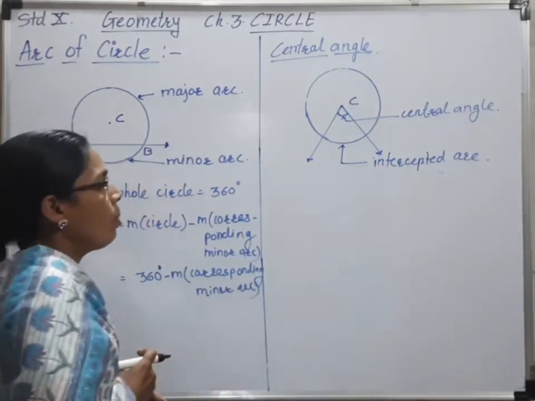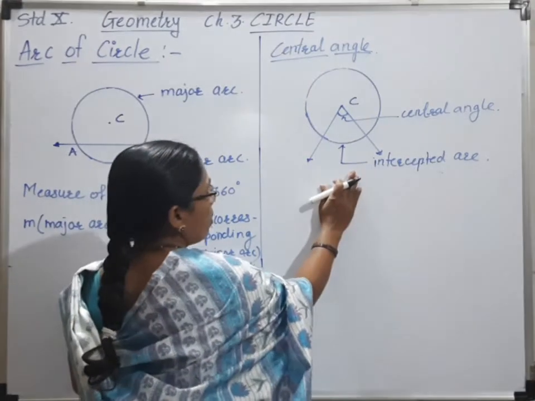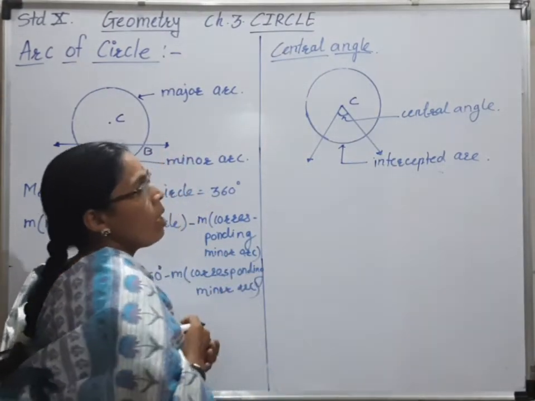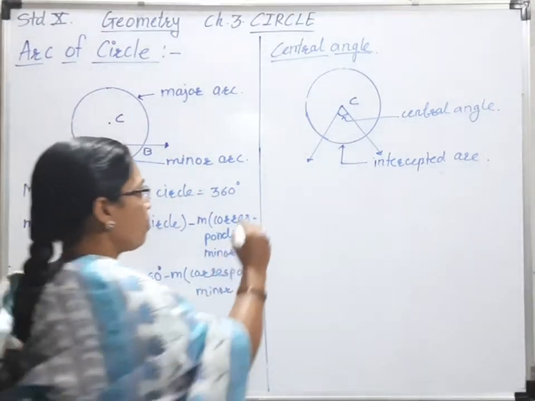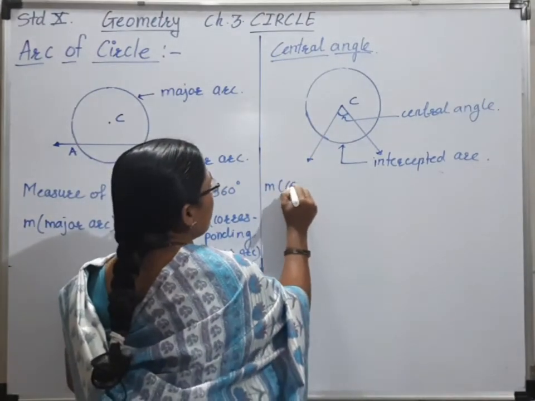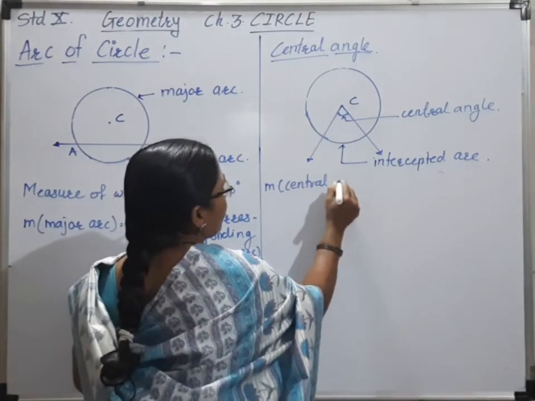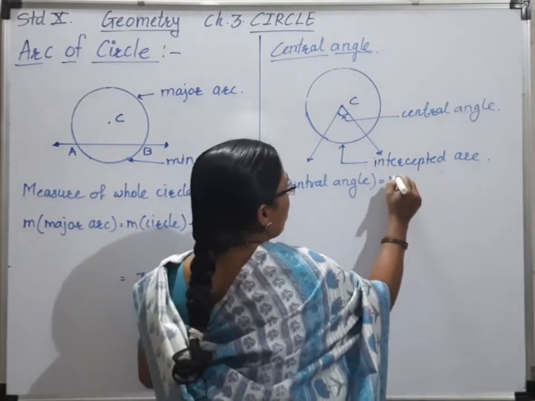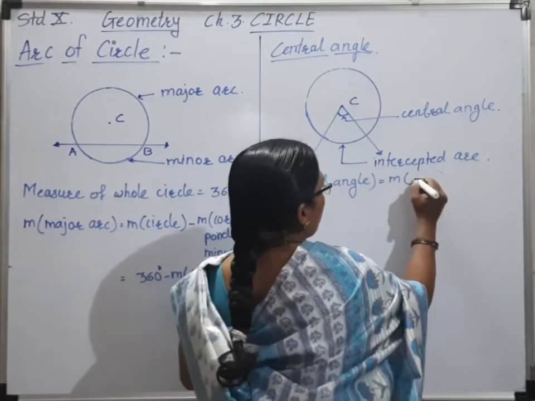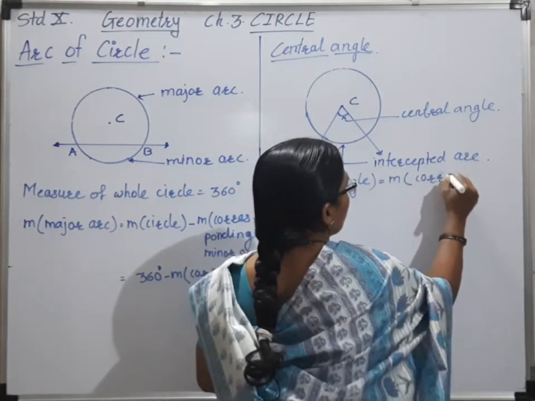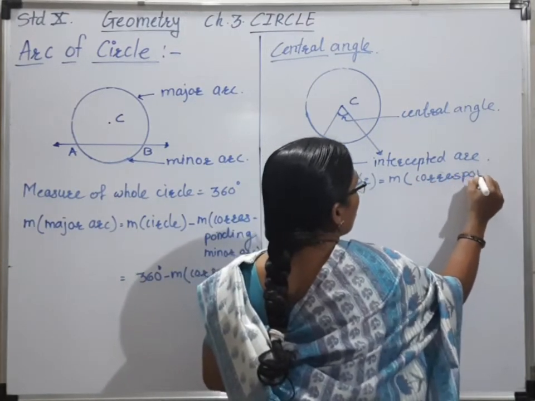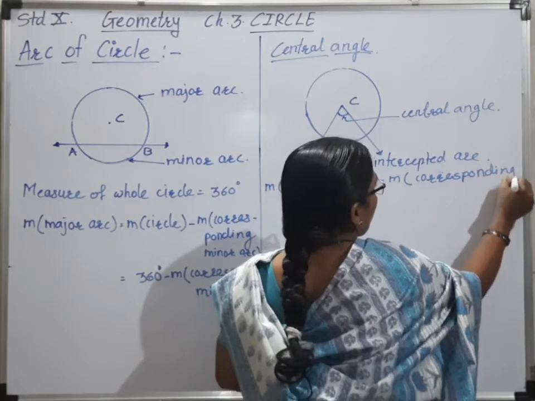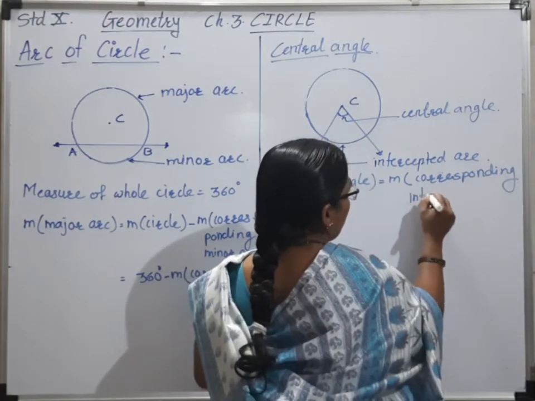The measure of the intercepted arc is equal to the measure of the central angle. So the measure of the central angle is equal to the measure of the corresponding intercepted arc.